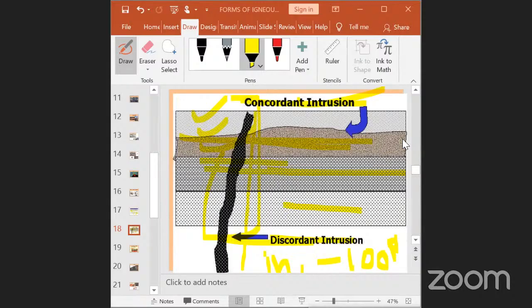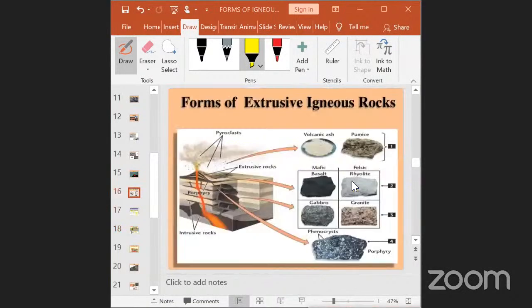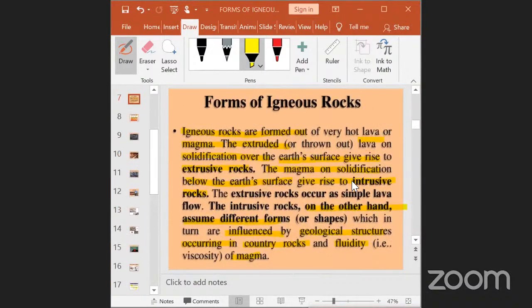Some of the influencing factors: the magma, after its formation under the pressure exerted by a huge overburden, attempts to move upwards.